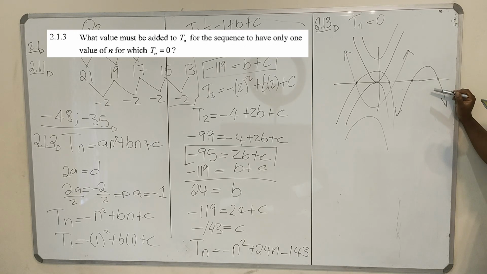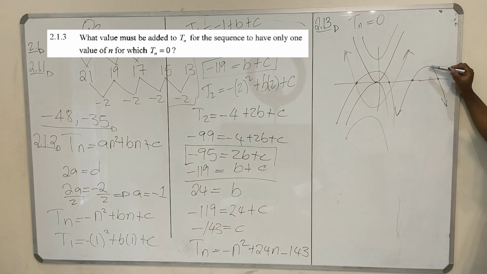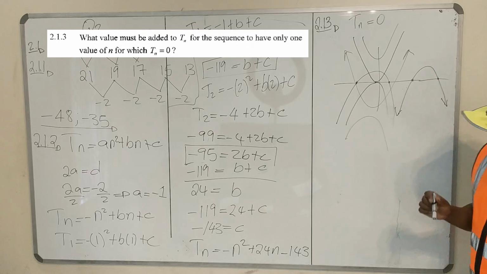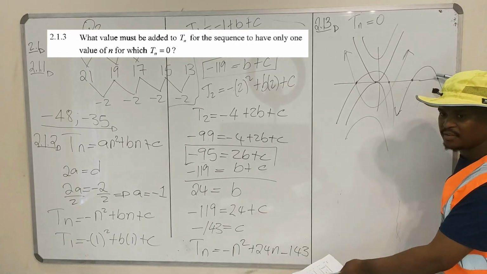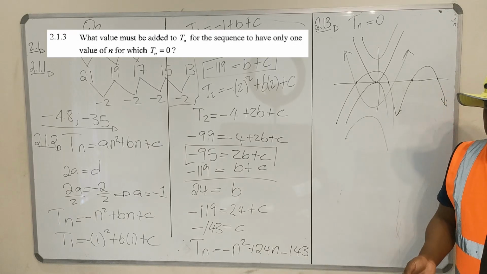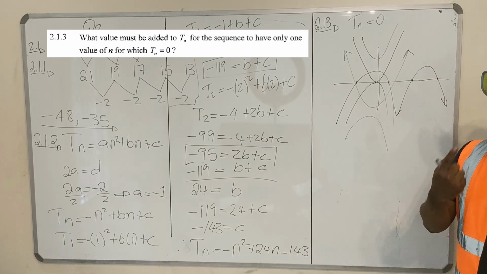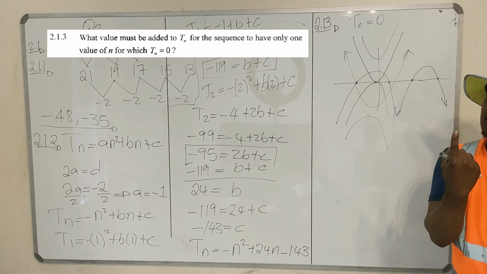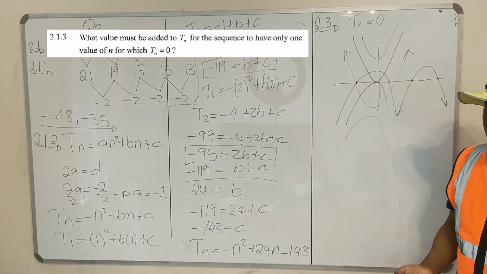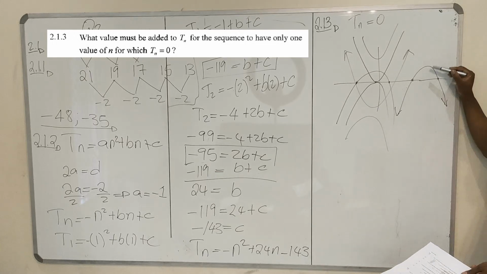But you want to have a situation where, because they're saying now, what must be done to this function such that you only have one position, only one n where Tn is equal to 0. So what can we do to this function to have that situation?